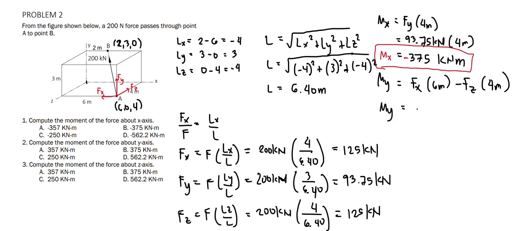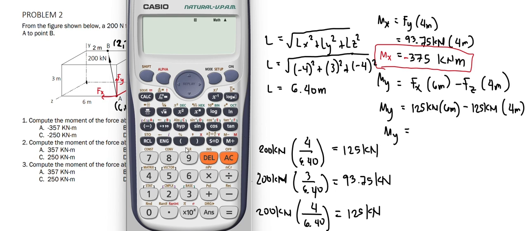My is equal to 125 kilonewtons times 6 meters minus Fz, that is 125 kilonewtons times 4 meters. So My is equal to 250 kilonewton meters.